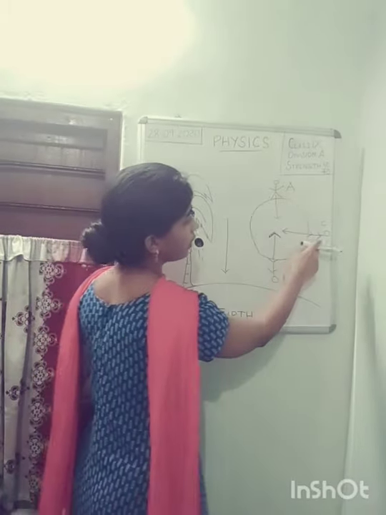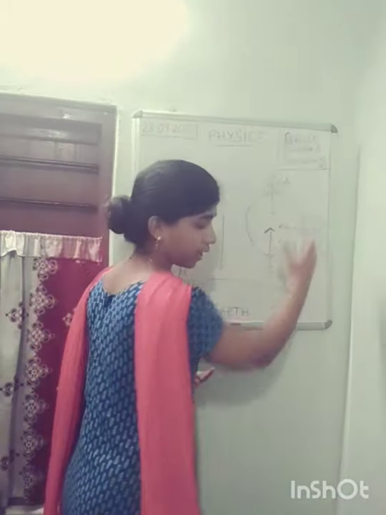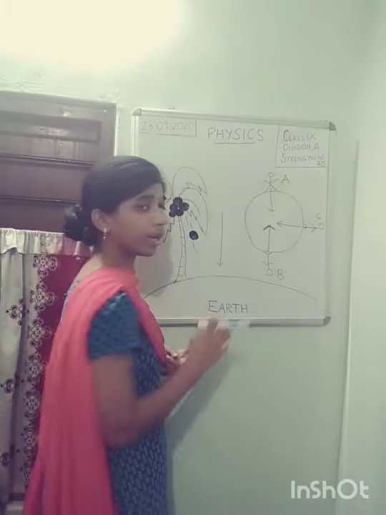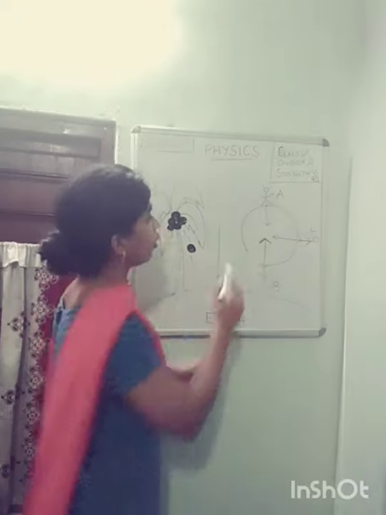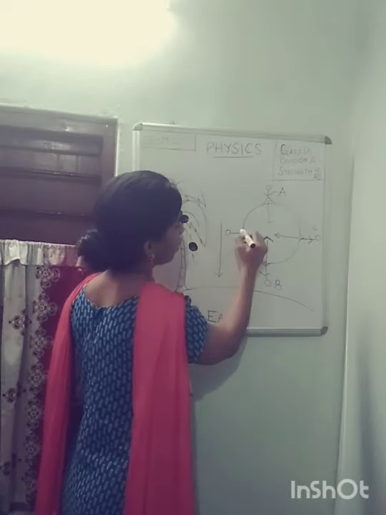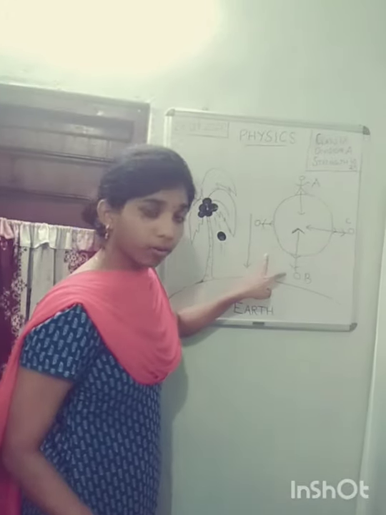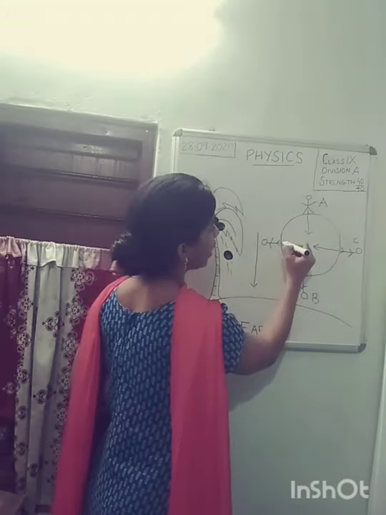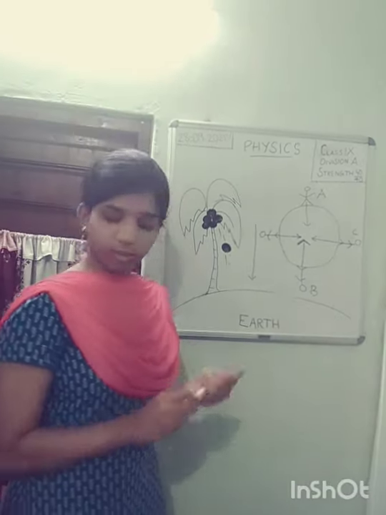Hence, he will not fall down. It is not only in the downward direction, earth is pulling any object towards its center. Hence, if another man or another object is standing here, it is not falling down because earth is pulling him towards the center. Hence, he is able to stand on the surface.